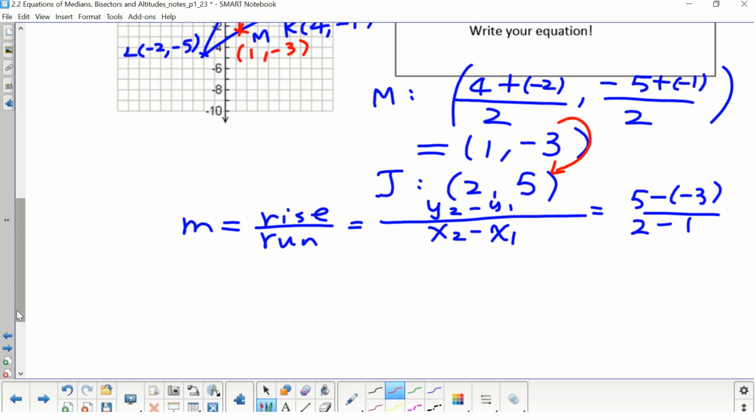So this is x1, y1, x2, y2, then subtract, and we have 8. So the slope is positive 8. Then this is m. The next one is b, the y-intercept. How to find the y-intercept?